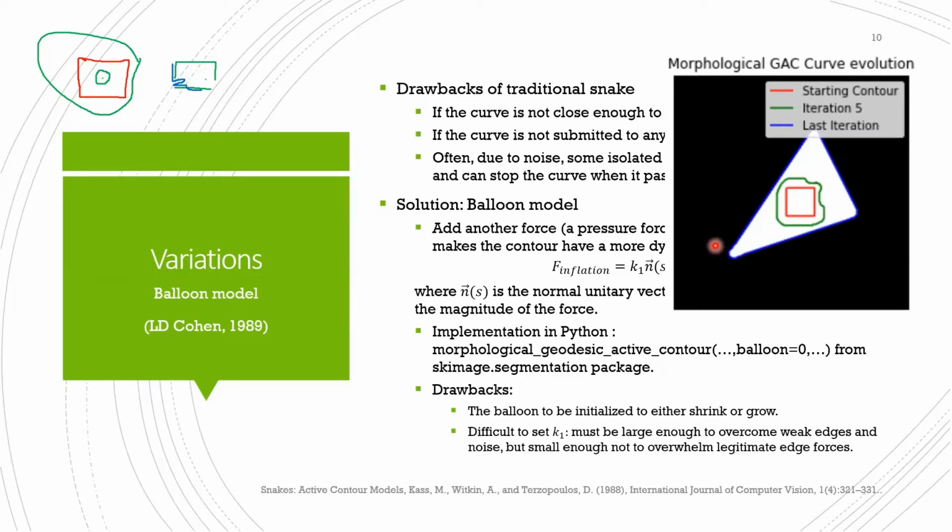But what if this is a very thick border? In that case, they will not merge. But if we want to merge, I think if we first blur the image and then reduce it, they might actually identify the same border, either inner or outside. Okay, so it depends on the gradient image. Yes. Okay. Thank you.